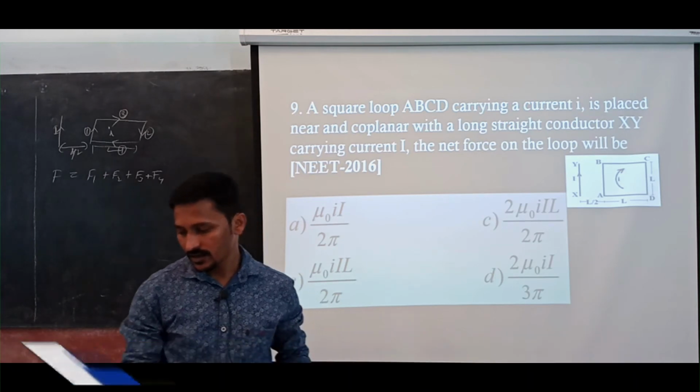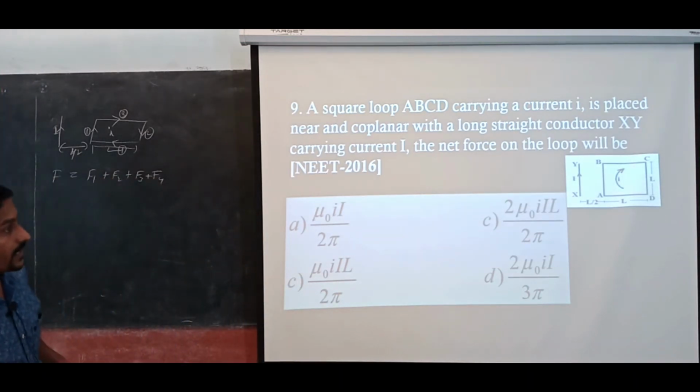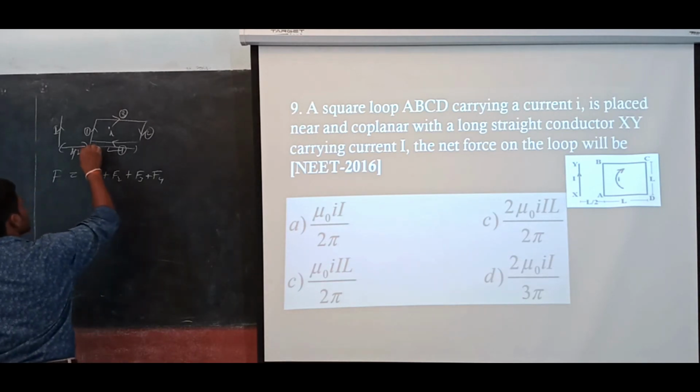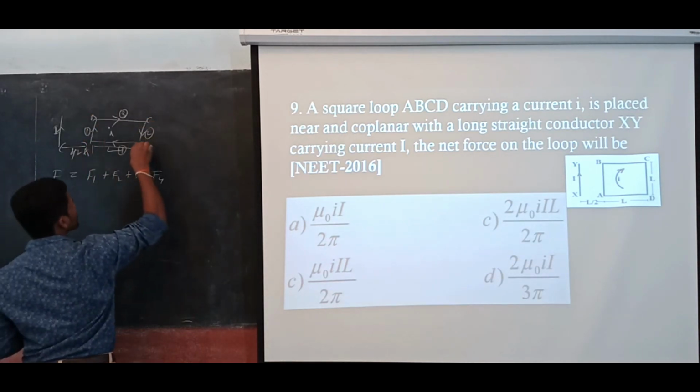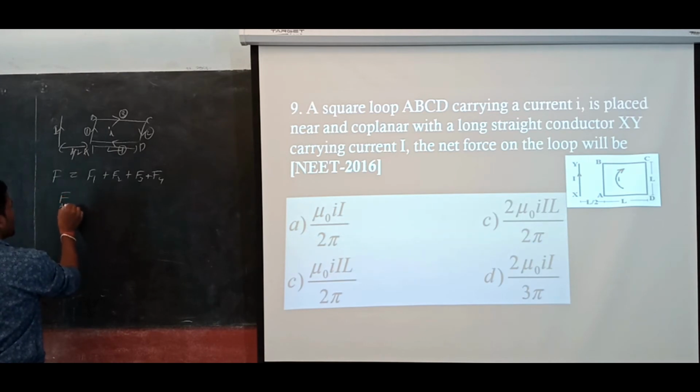Okay. Now what is the force acting? I can give you the names again, as in the figure: AB, CD. The force on AB, I can write down. Force on AB, what is it? Force on CD, what is it?